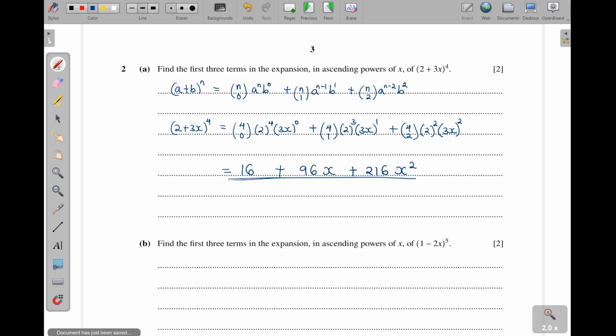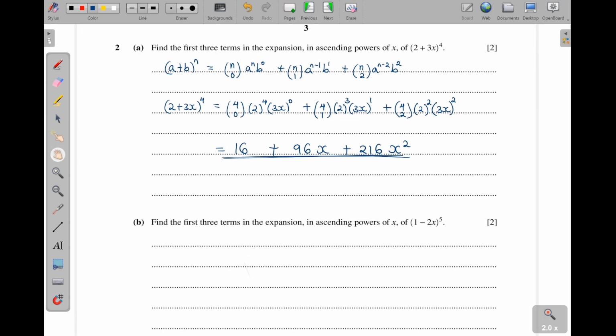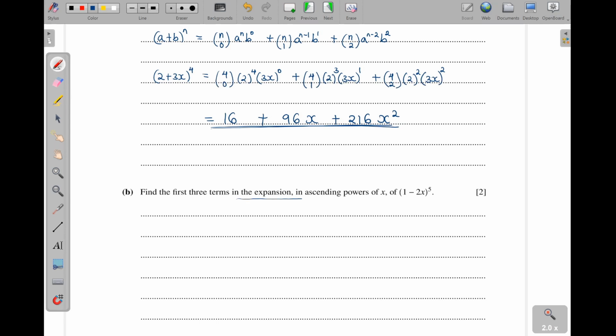That is that. Then part B: find the first three terms of the expansion in ascending powers of x. So we do the same thing. We have 1 minus 2x to the power of 5. So this one will be equal to 5 combination 0, and then we have 1 to the power 5. Then you see this negative that I was talking about, take it with this term.